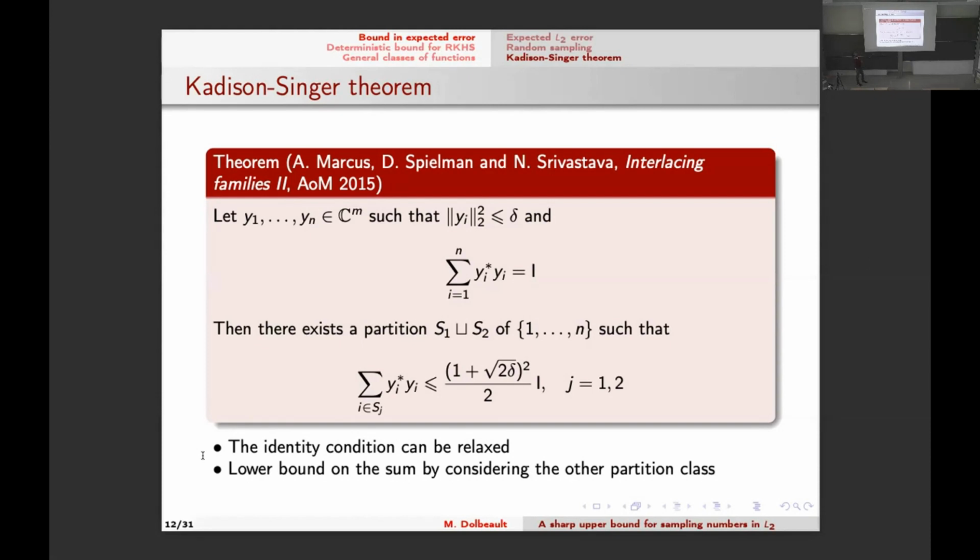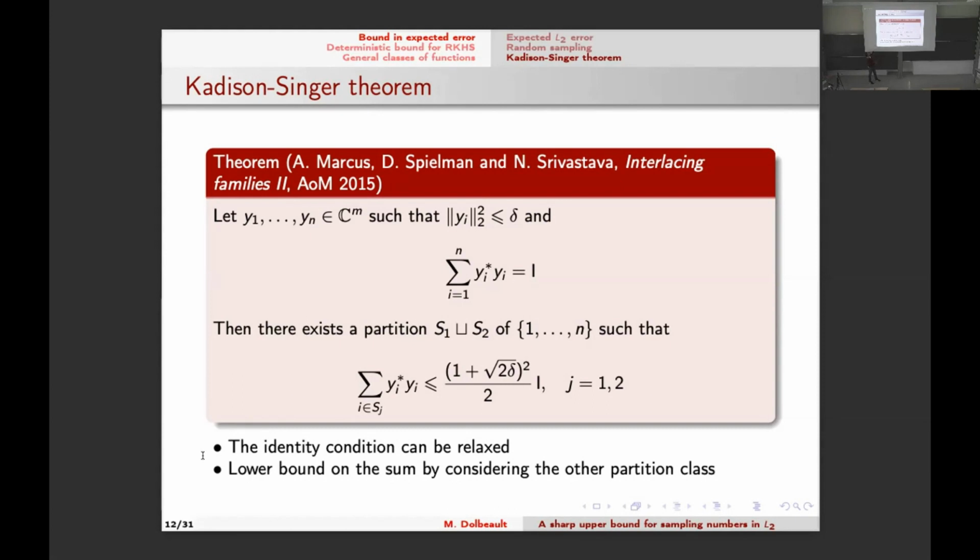And here is a theorem from linear algebra saying that if I have a sum of rank 1 matrices summing to the identity, then I can split it in 2, and both parts are close to identity over 2. Here I just got an upper bound telling it's smaller than identity over 2 plus some error, but I can have the lower bound by looking at the second part.